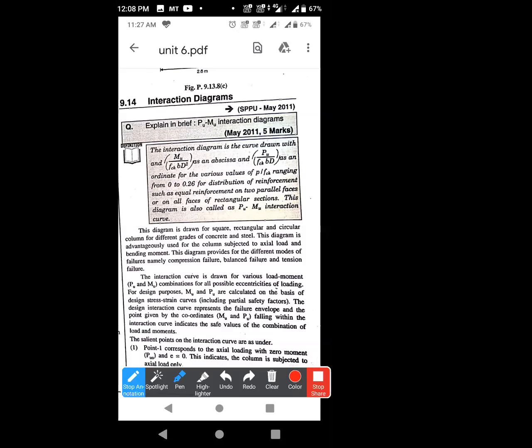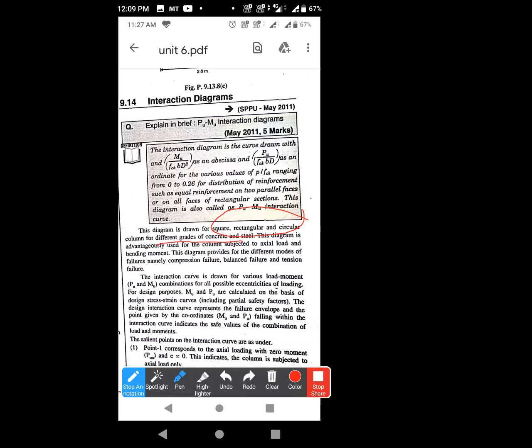These are for distribution of reinforcement such as equal reinforcement on two parallel faces or on all faces of a rectangular section. These diagrams are also called the Pu-Mu interaction curve. Mainly these diagrams are drawn for square, rectangular, and circular columns for different grades of concrete and steel.